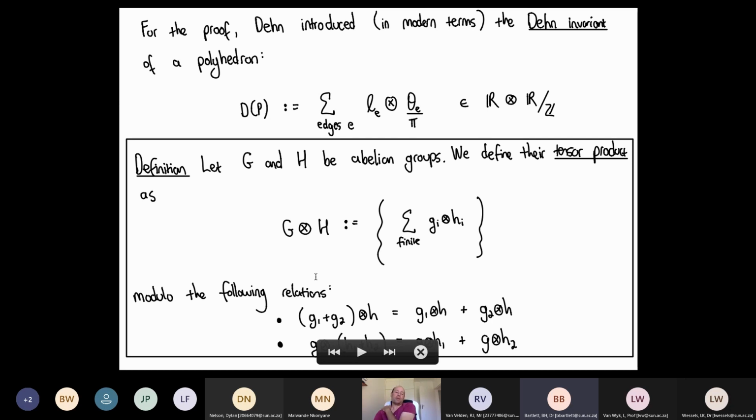But then we impose the following relations, namely that G1 plus G2 tensor H is the same as G1 tensor H plus G2 tensor H. And also G tensor H1 plus H2 is the same as G tensor H1 plus G tensor H2. So it's a set of abstract sums of abstract symbols quotiented out by these relations.